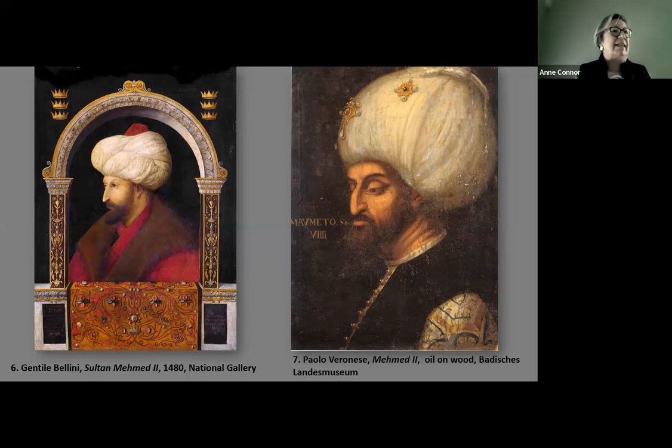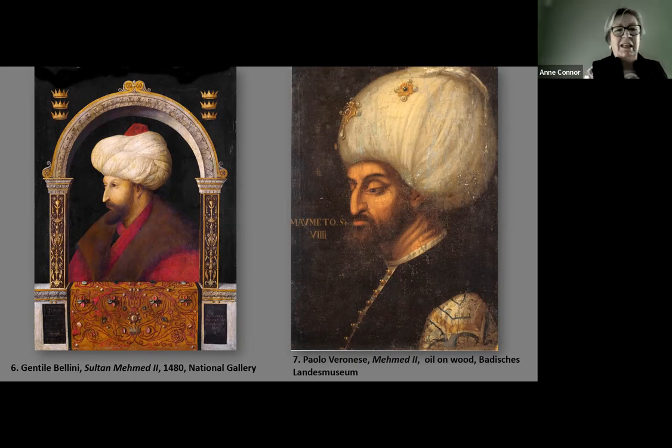in 1480. Mehmed II was the one who conquered Constantinople, and very young man at that time, was extremely smart in the way that he approached Constantinople. He had actually first conquered, him and his father had conquered all the countries around Constantinople, and that was the last bastion that wouldn't surrender.